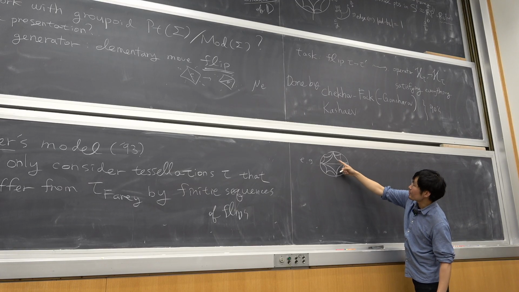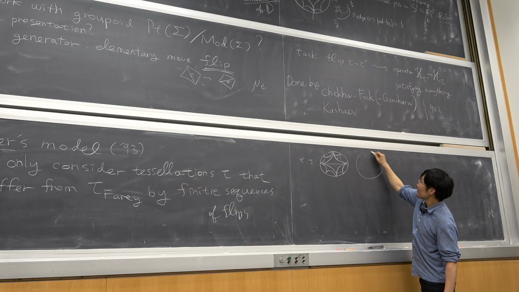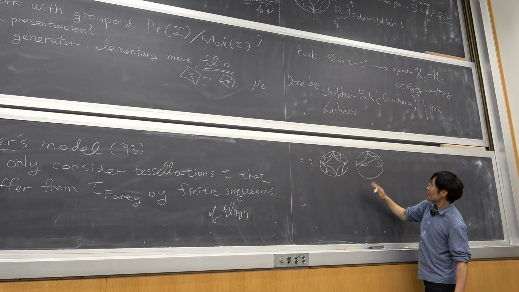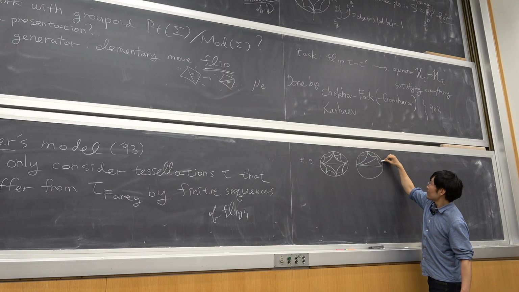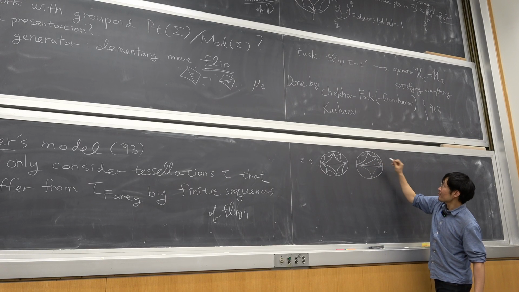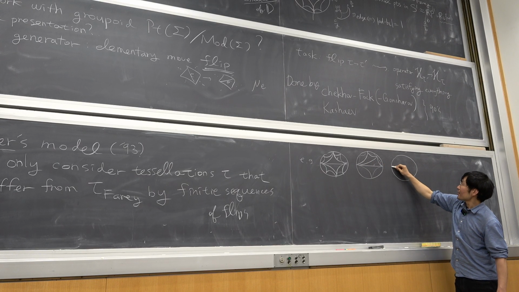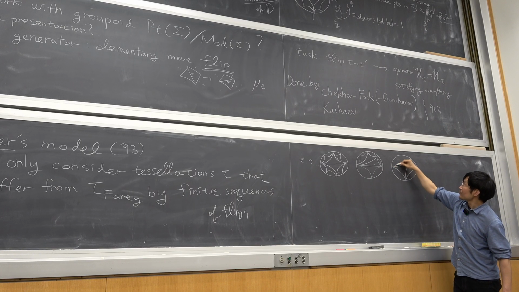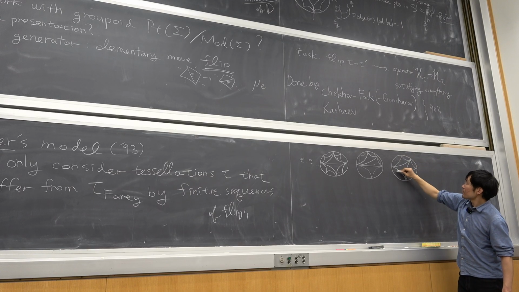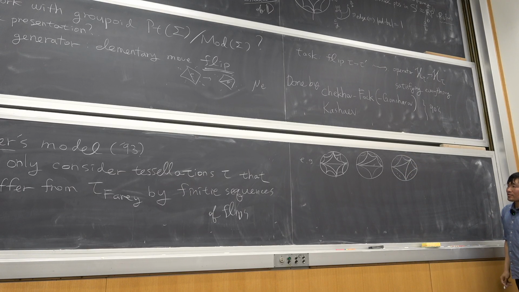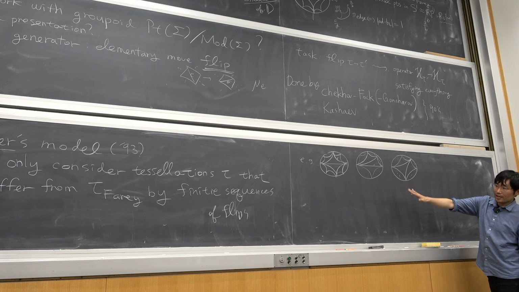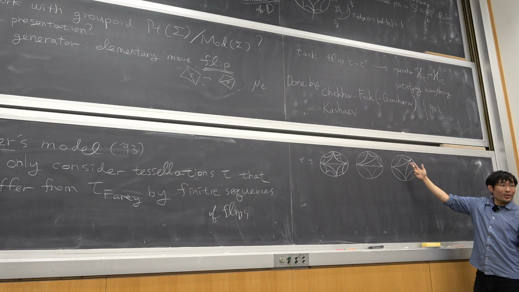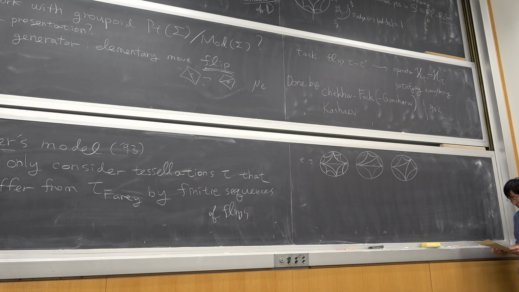And let's say if you flip here, then it becomes that, and everything else is the same. And then maybe I can flip here, then it becomes this, and everything else is the same. So in fact, you can figure out that such tessellations differ from Farey only at a polygon, and outside that it is the same as Farey.